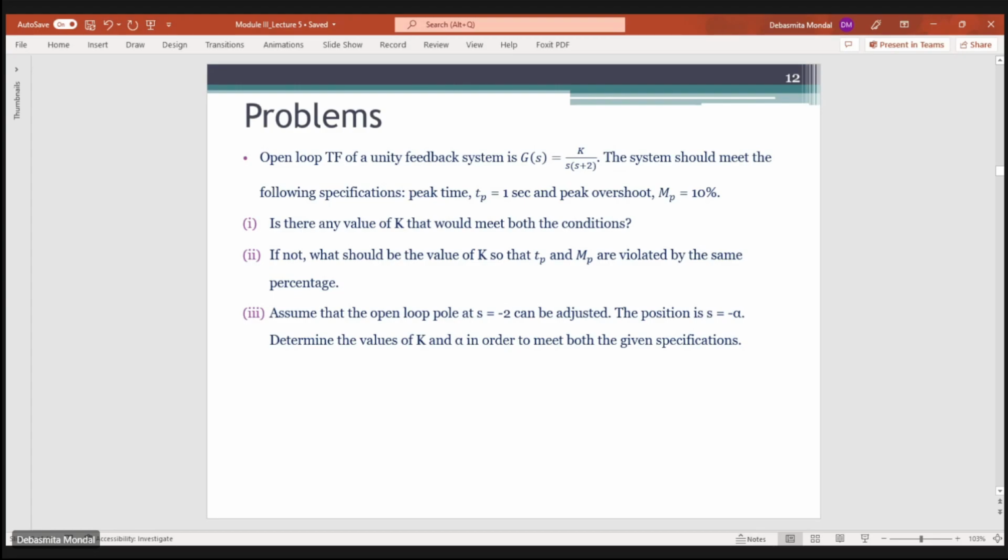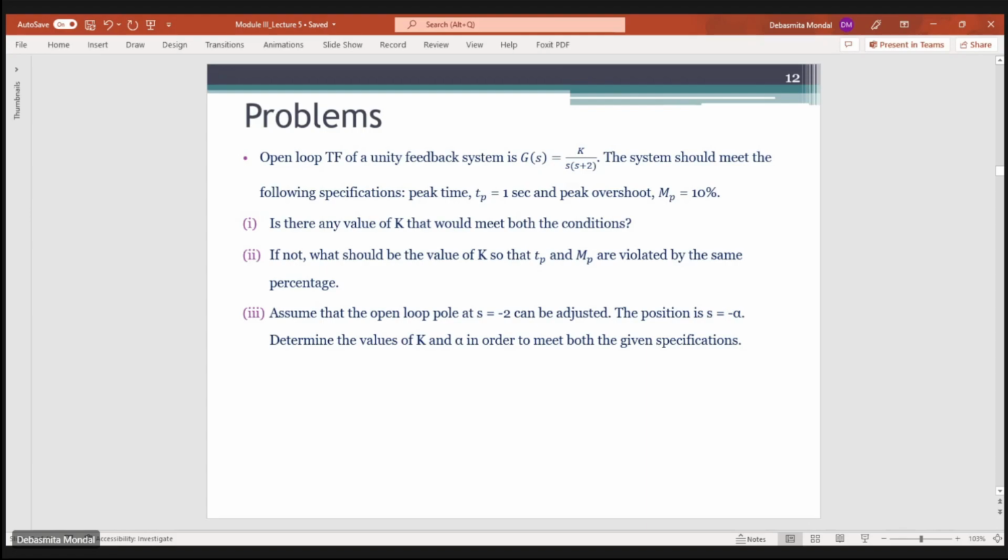That is the second question. And the third one is if you have an adjustable pole. If the pole at s plus 2, s equals minus 2, is adjustable, you can change the position of the pole. Let's say that position is s equals minus alpha. Then you have to find out the value of K and alpha.